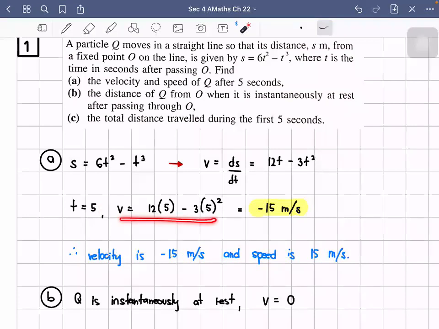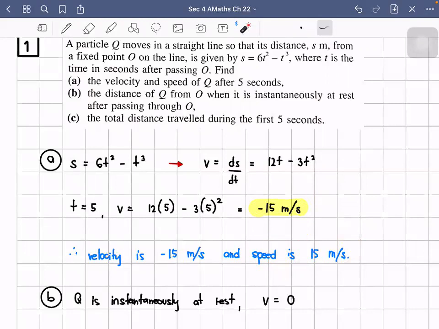Therefore, the velocity of the particle is negative 15 meters per second, and its speed is 15 meters per second. By the way, speed is the absolute value of velocity, like magnitude. Speed is always positive. So that's the velocity and speed of the particle.